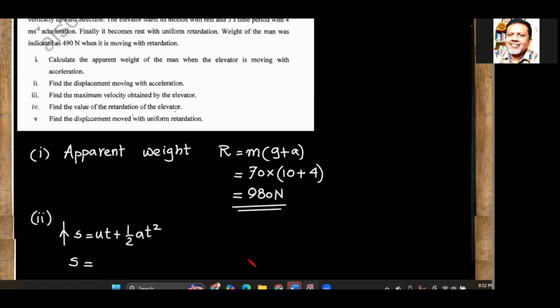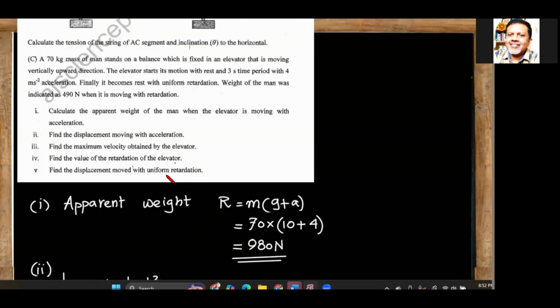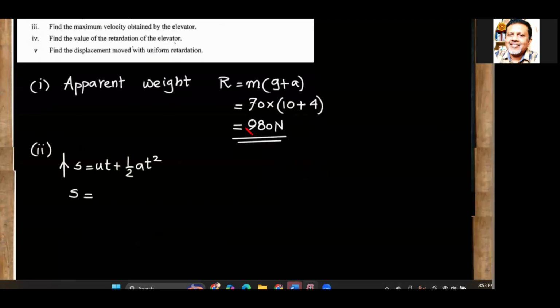During the acceleration period, the elevator is starting at rest and moving with this acceleration of 4 meter per square second for 3 seconds, a 3 second time period. So u is equal to 0.